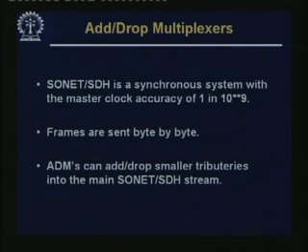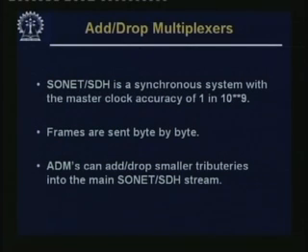The stream itself is of course flowing at that tremendous rate, whatever that rate is. So, SONET SDH is a synchronous system with a master clock accuracy of 1 in 10 to the power 9, which you see is very highly accurate. Its source really comes from some kind of cesium clock somewhere, and then there is a protocol for distributing and maintaining this clock over the entire network.